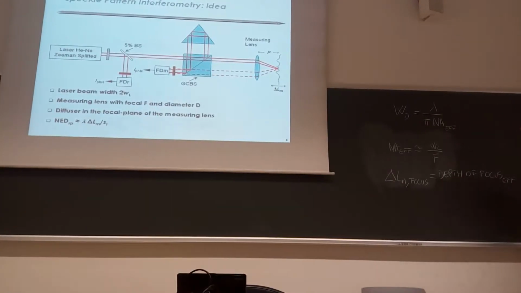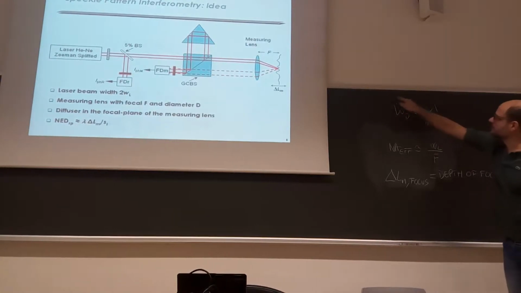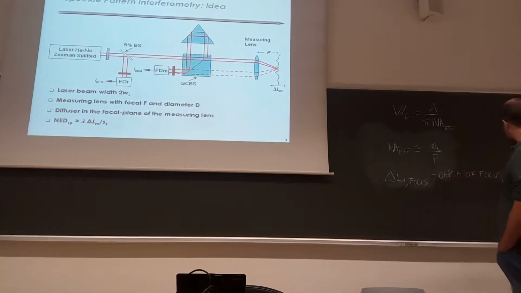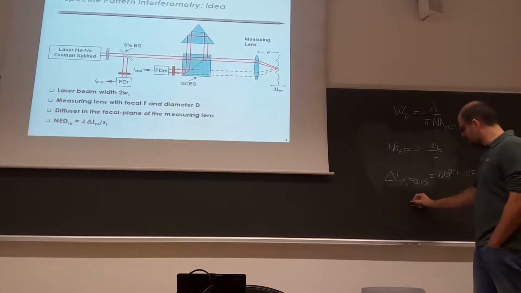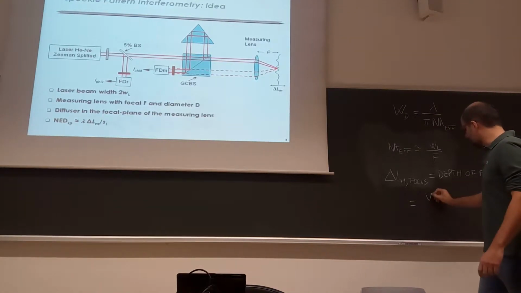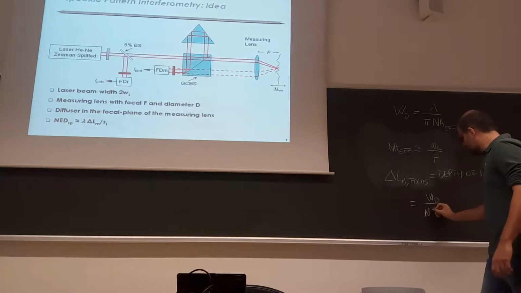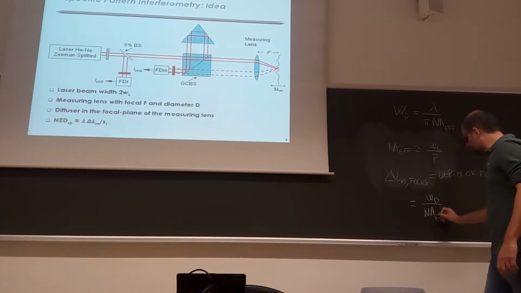In particular, if you have the radius of the spot, the effective depth of focus is given by this relation. We have WD divided by the effective numerical aperture.